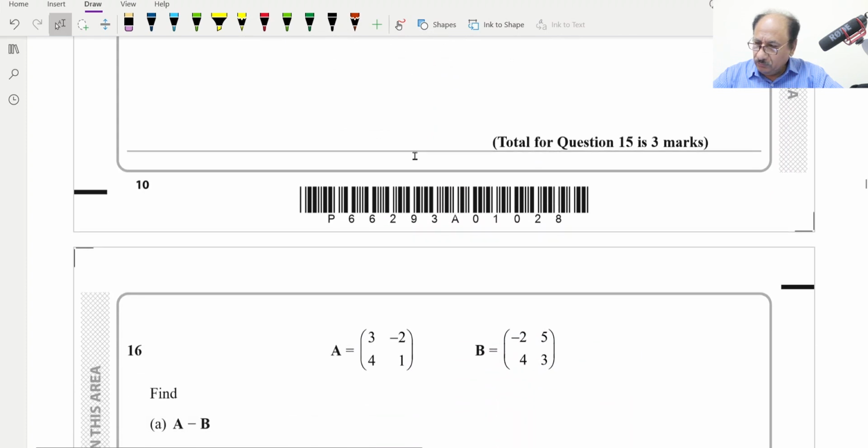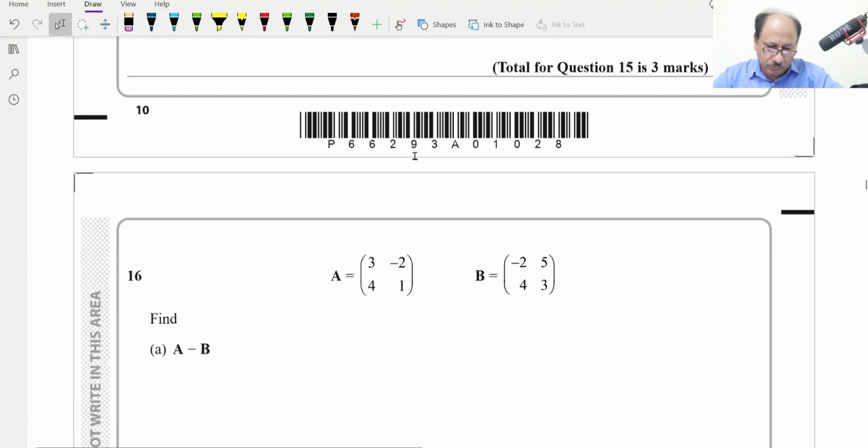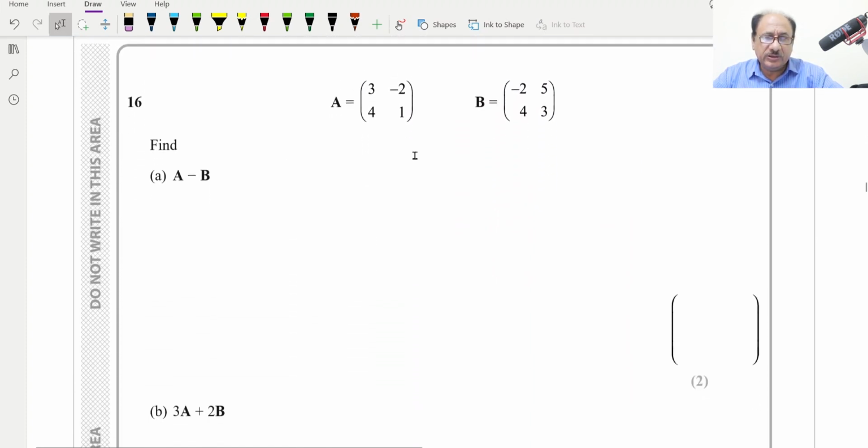Now we can move to question number 16, which is a matrices question, and also simple. A is provided, B is provided, find A minus B. So A minus B will be equal to what?